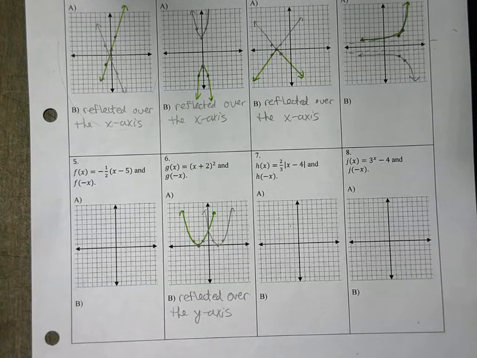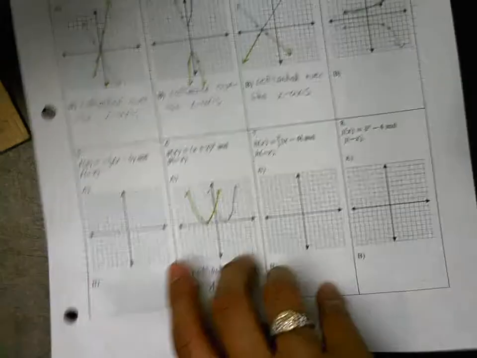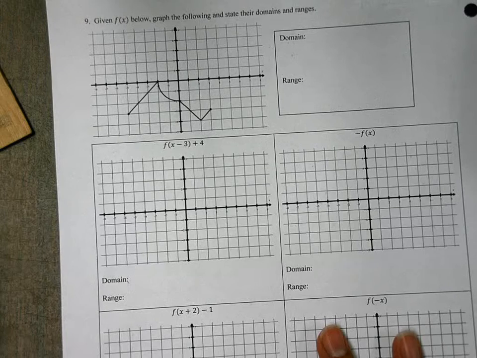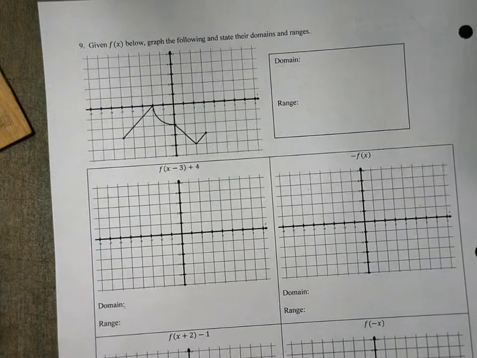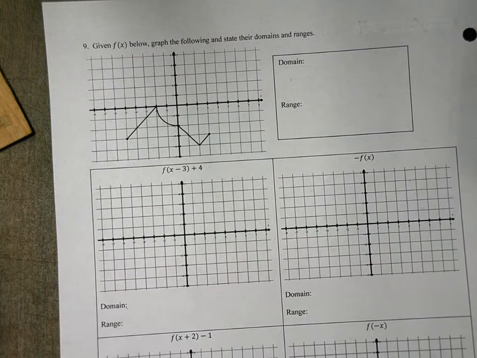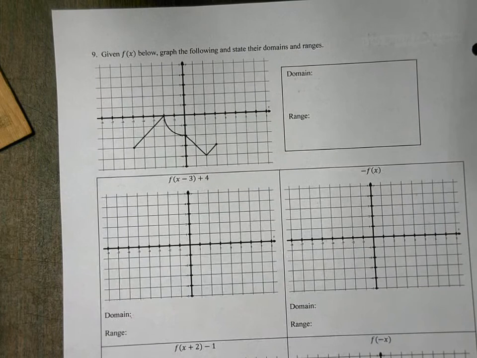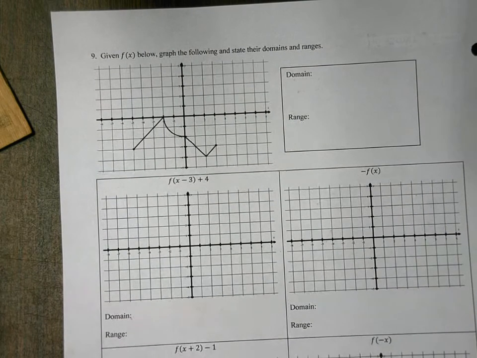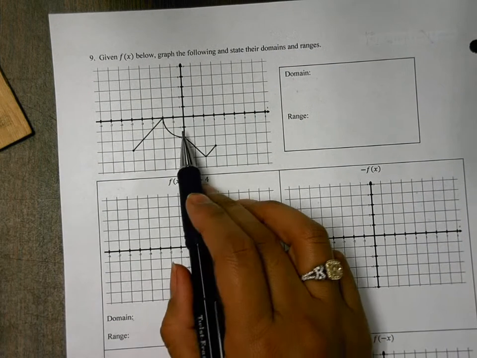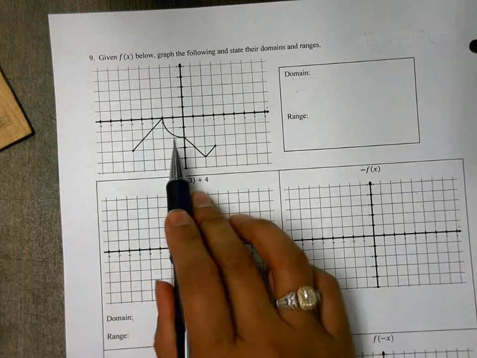I'm going to flip over to the back side. All right. Given f of x below, graph the following and state their domain and ranges. Okay, how do I do this? First off, what's the domain and range of the original function?